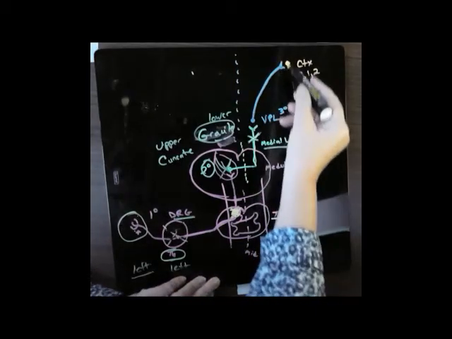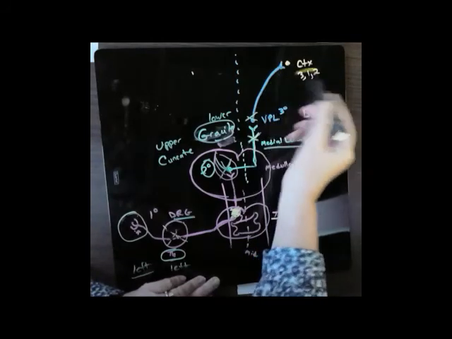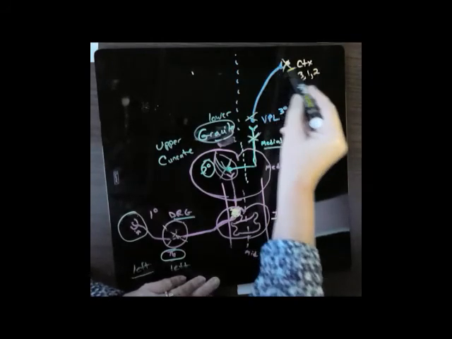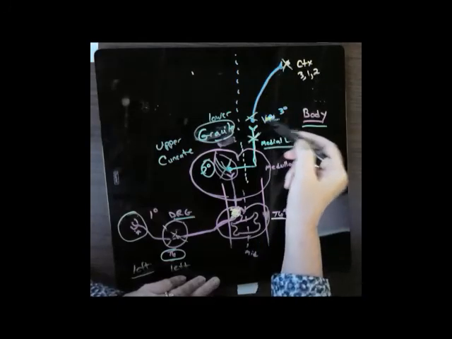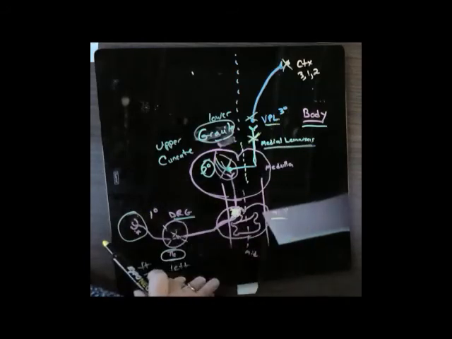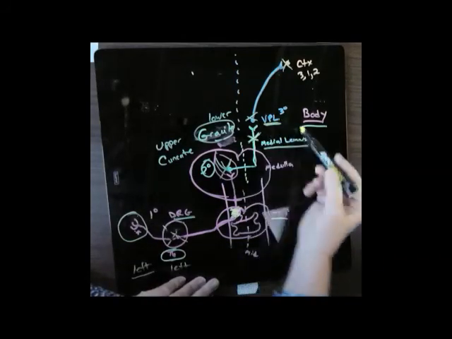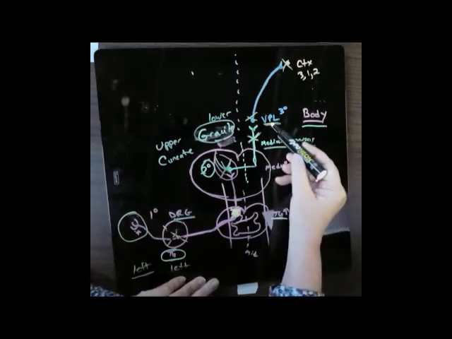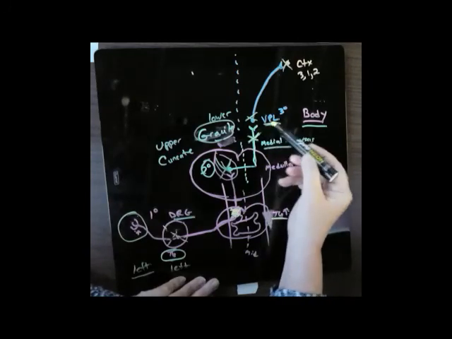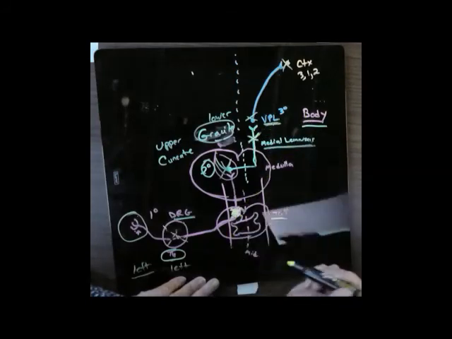Now, if you have a lesion anywhere above here, you're going to have pretty much the same symptoms. In the thalamus, VPL, you're also going to have a contralateral loss of fine discrimination touch on the body. Now, if you lesion the full VPL, hopefully you'll remember that not only is fine discrimination touch there, but also pain and temperature. So if you got the full VPL, you'd also lose pain and temperature.